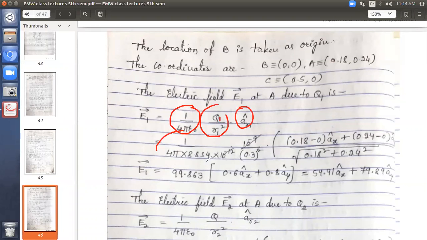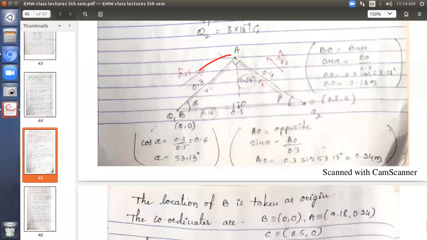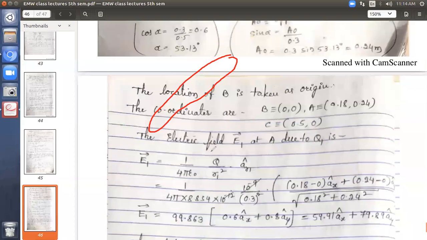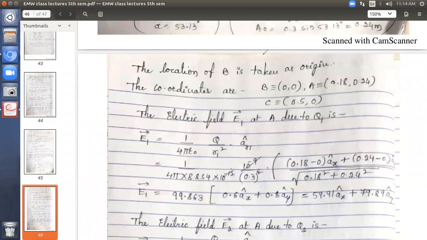Now 1 by 4 pi epsilon naught, charge is given as 1 nanocoulomb, and distance R1, what is the distance given? Distance of this is 0.3. So 0.3 square, you calculate using the calculator, you will get 99.863. And how to find AR?